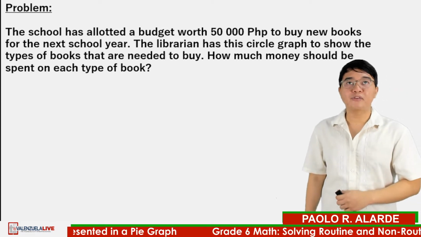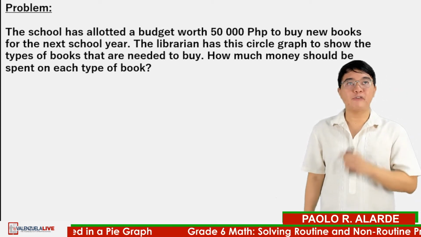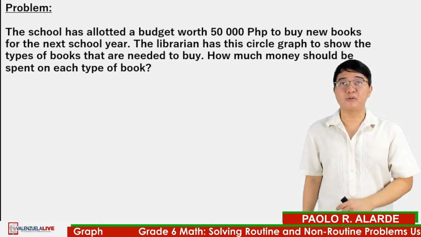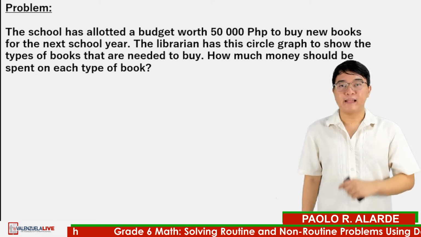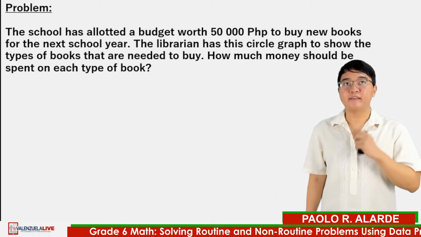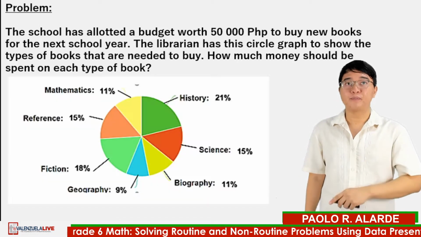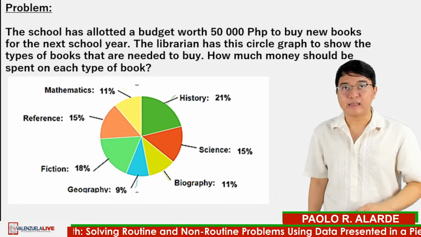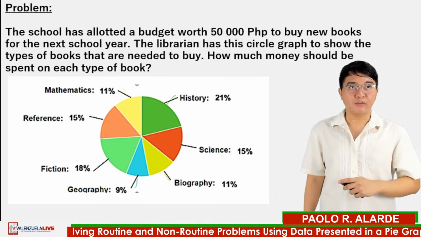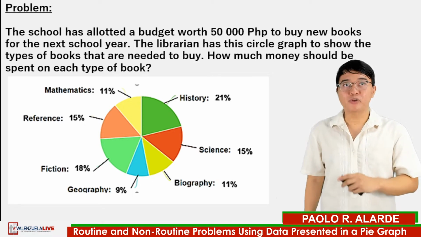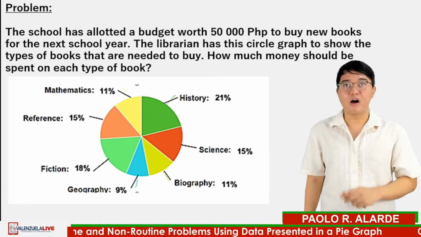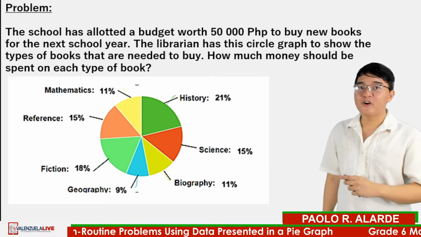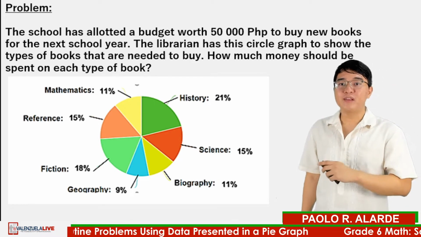The school has allotted a budget worth 50,000 pesos to buy new books for the next school year. The librarian has this circle graph to show the type of books that are needed to buy. The problem is, how much money should be spent on each type of book? So how are we going to solve this problem?